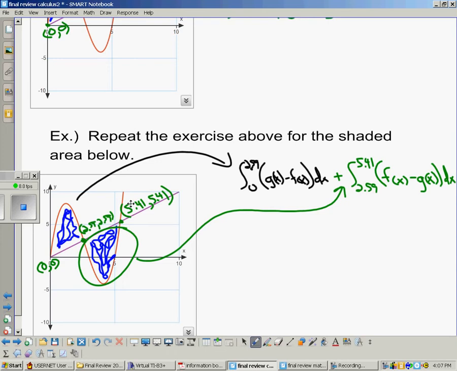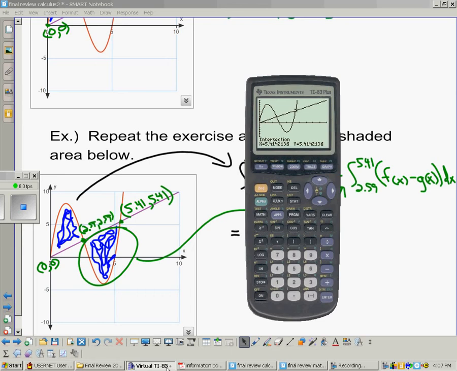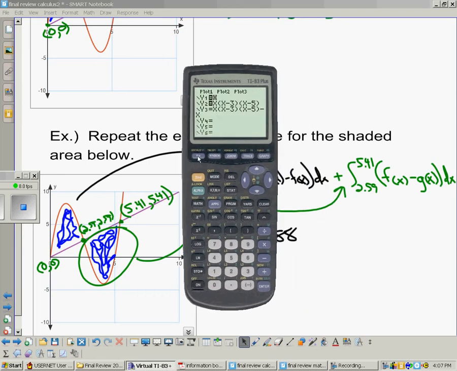If I do this piece by piece, I actually already found the part that's in black. It was 11.88, which I rounded to 11.9 in the last question. And now I can go ahead and put in my f(x) minus g(x) in my calculator.